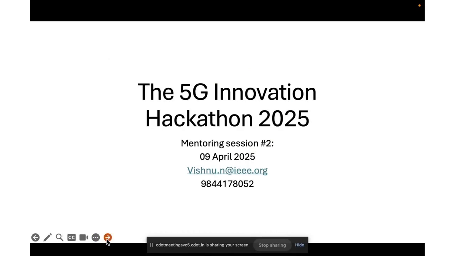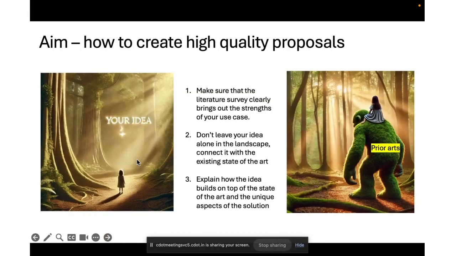But today, let us look again at certain aspects about prior art. Okay, so you can see there are two types of possibilities that you come up with. One possibility where your idea is kind of alone. It's in some landscape where you think you are very pioneering.